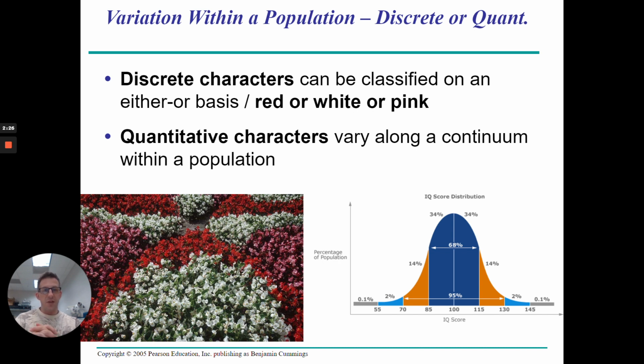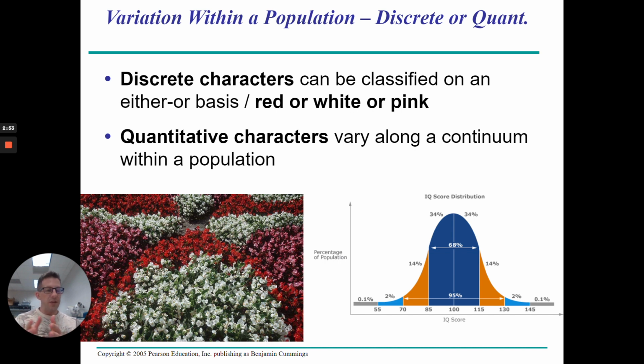The first slide you see here discusses discrete or quantitative characteristics. These are two classes of characteristics or traits that are seen in populations. When you talk about discrete characters, they can be classified as either this or that. For instance, the colors of flowers that you see oftentimes can be either red or white or pink.